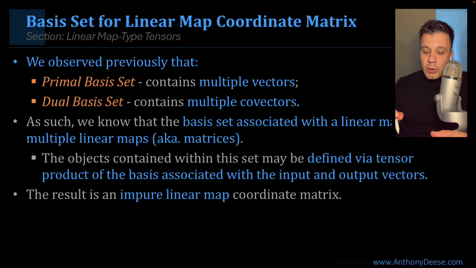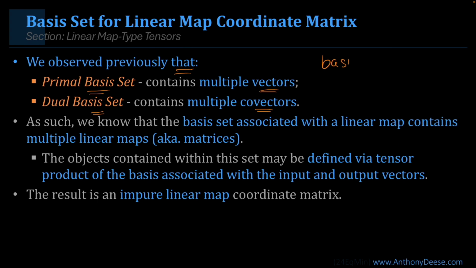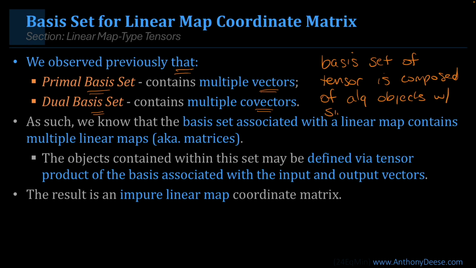Okay, so we observed previously that the primal basis set contains multiple vectors. The dual basis set contains multiple covectors. So we're seeing a trend here, right? The basis set of a tensor is composed of algebraic objects with a similar structure.